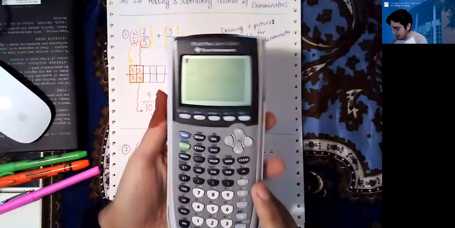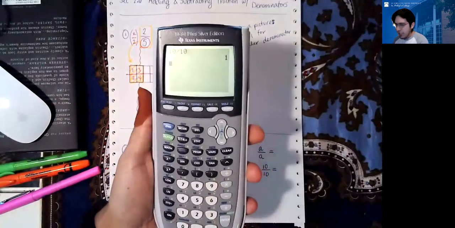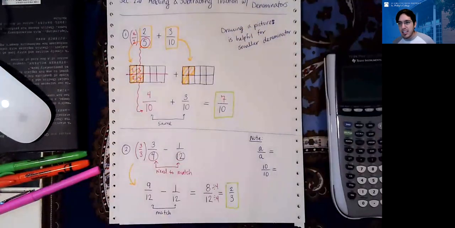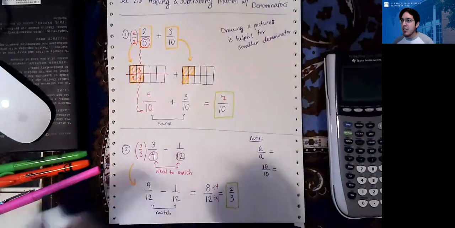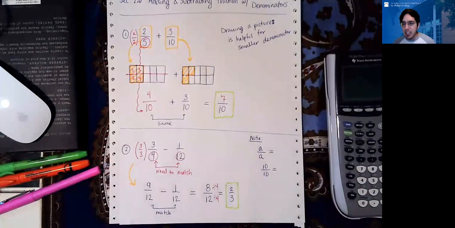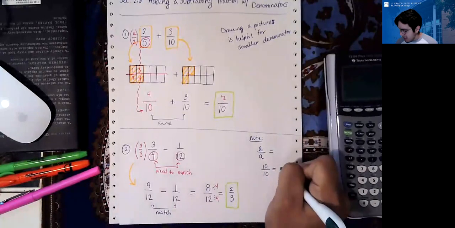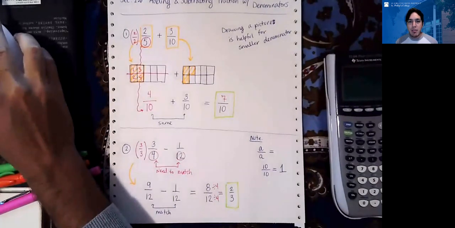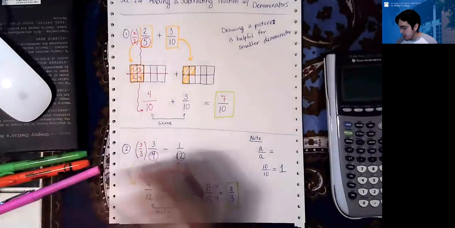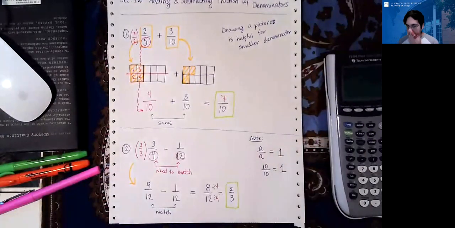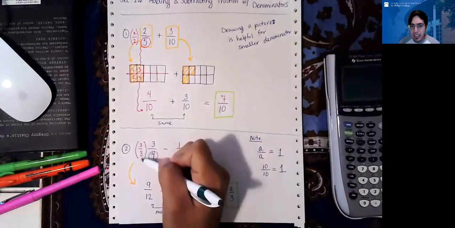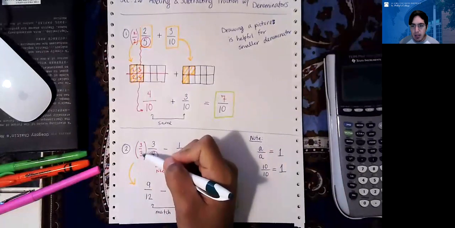Let's go ahead and throw that in the calculator. 1. It's 1. Right? Like if I had 10 friends and 10 cookies, and I wanted to divide my 10 cookies among my 10 friends, how many cookies would each of them get? 1. Right? So any number divided by itself is just 1.